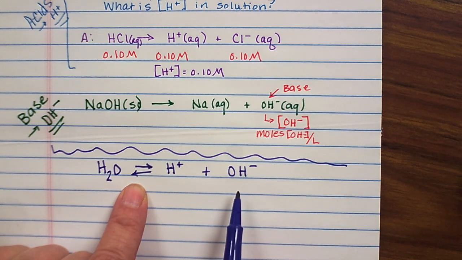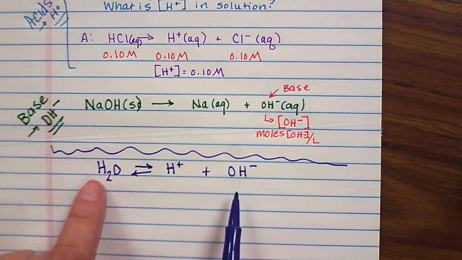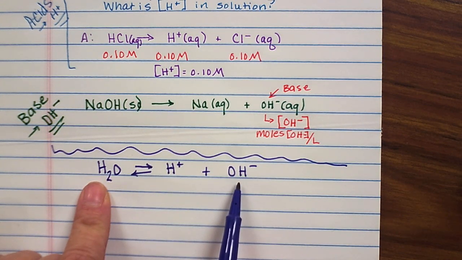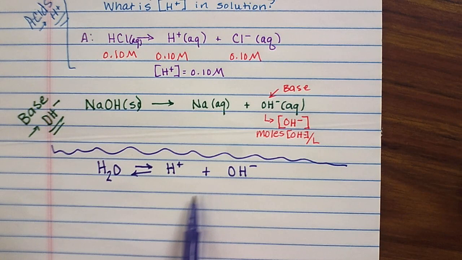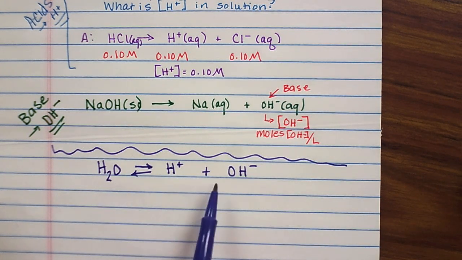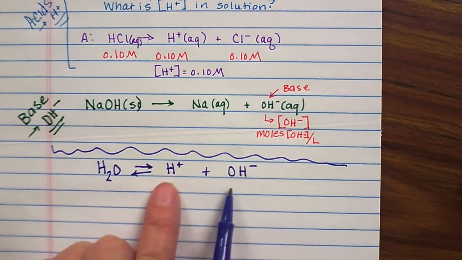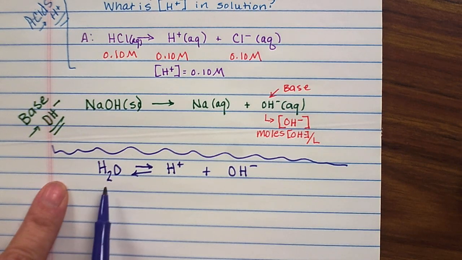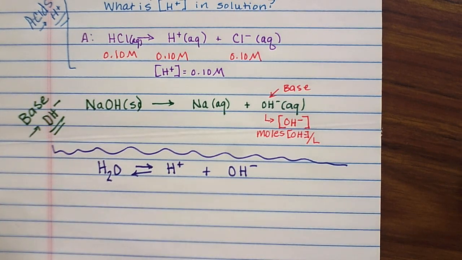So constantly, water is going back and forth into H plus and OH minus, back and forth, and back and forth. And in, say, a drop of water, there are billions and gazillions of molecules of water that are all in different states of this. Some of them are over here with the H plus and the OH minus. Some of them are over here with the H2O. And because of this, that is how water stays at a pH of 7, a neutral pH.